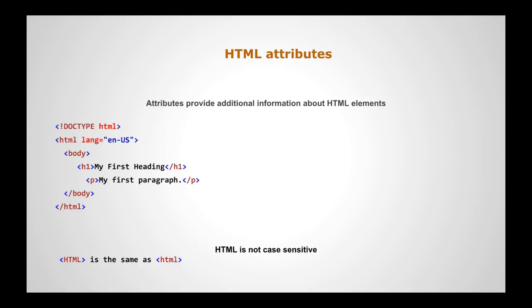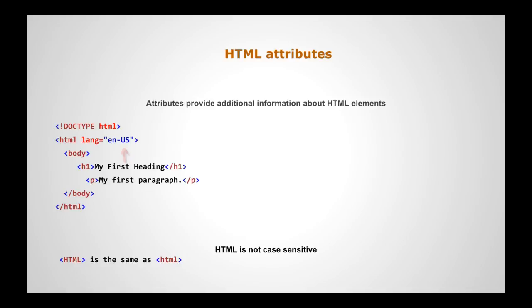For instance, we have here the HTML tag, which starts here at the top and ends here at the bottom. The attribute resides inside the tag, as you can see in this example. So the HTML tag has an attribute called lang, and this attribute has a value, as you can see here, en-US.